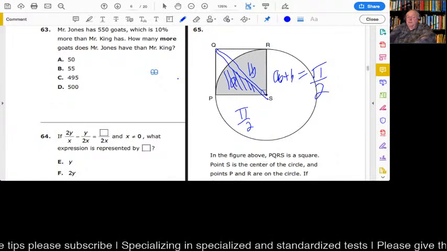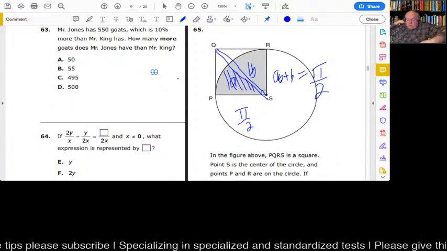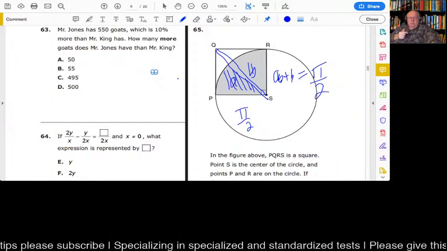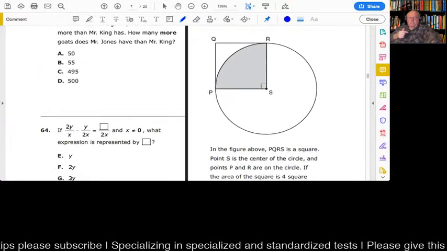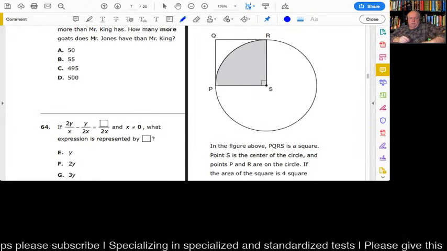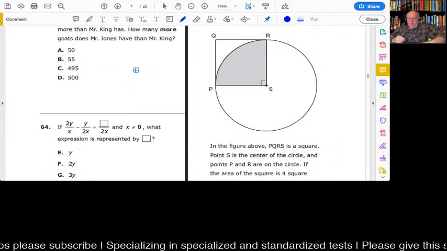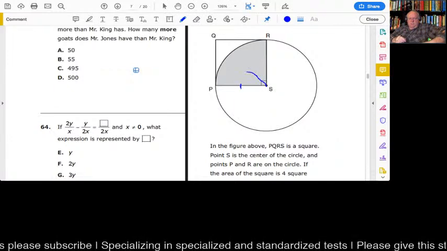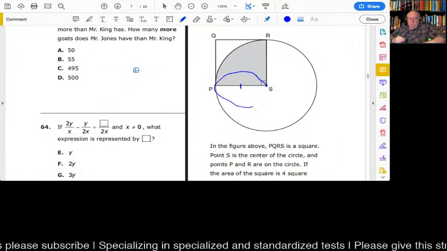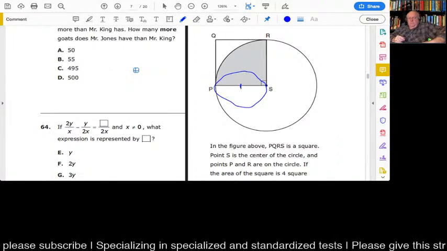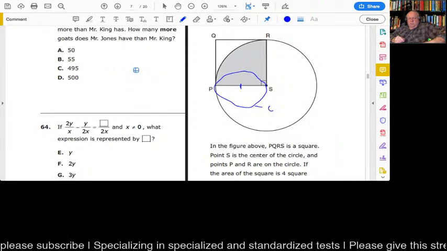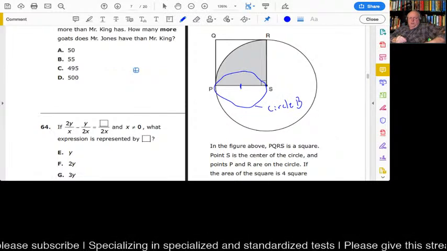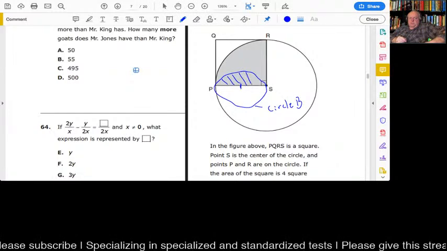So that could be another question they could ask you. What is the area of that? Let me see. Here's perhaps a good one. If on the midpoint of here, I was to draw a circle, so let's say this is circle B, what is the area of this semicircle?